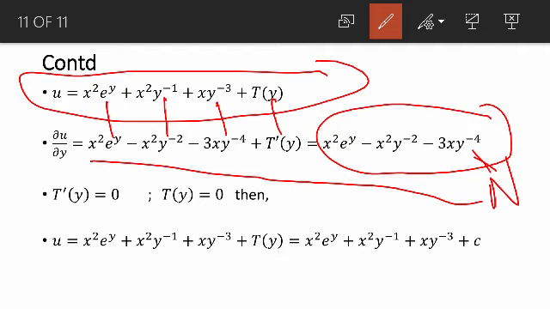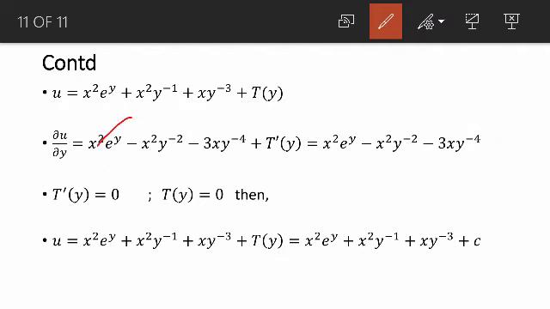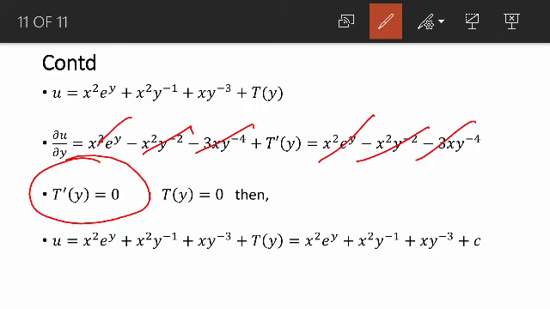So if we do that, you see that this cancels this because they are the same. You see that this on this side cancels this because they are the same. You see that this on this side cancels this because they are the same, and you're left with t prime of y equal to 0. And when t prime of y is equal to 0, it means that t of y, the integral of 0, is going to give us a constant, that should be c.